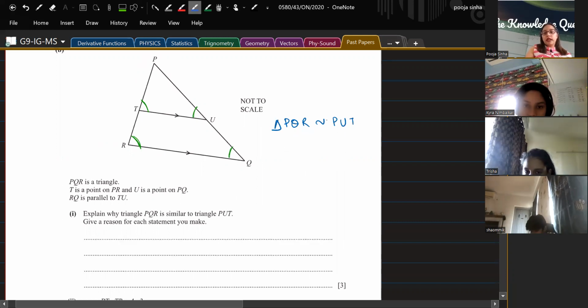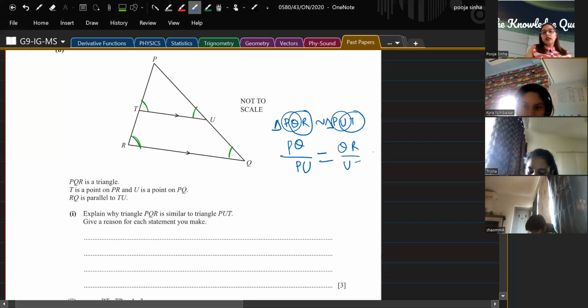Now the ratios would be PQ upon PU. How do I know that? You take these two, PQ and PU, corresponding. That should be equal to the next part, QR upon UT, which should be equal to PR upon PT.